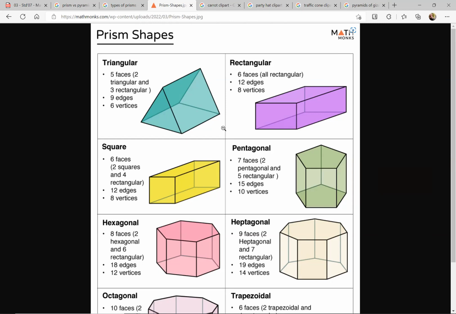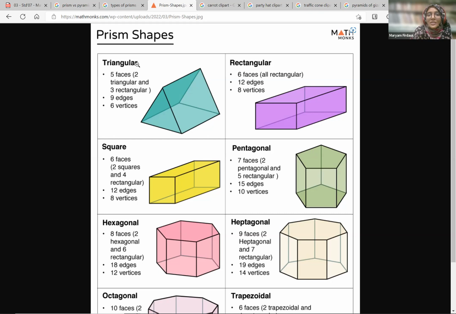There's also something called a square prism, wherein the two shapes on the side of the rectangular base are squares. And so on and so forth, you can keep increasing the number of sides.